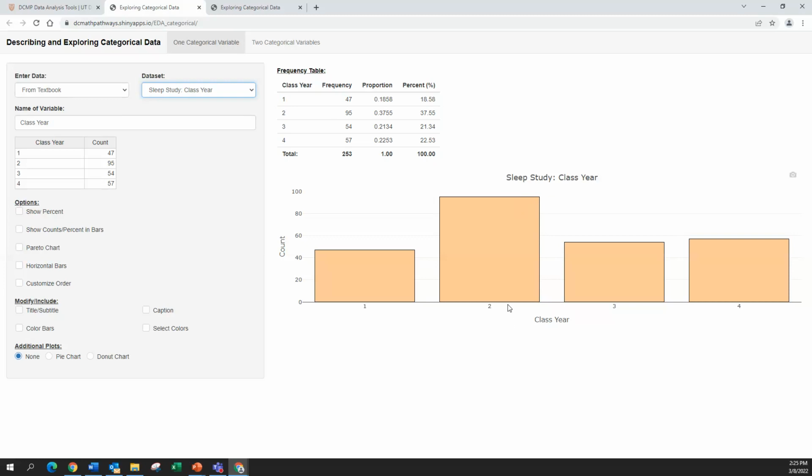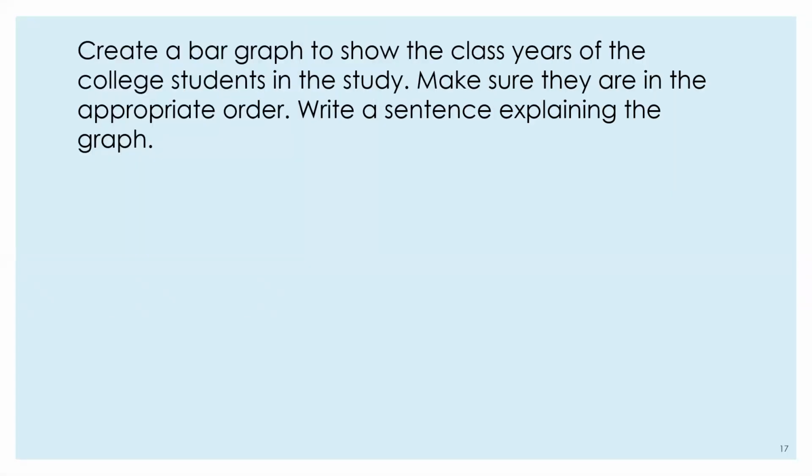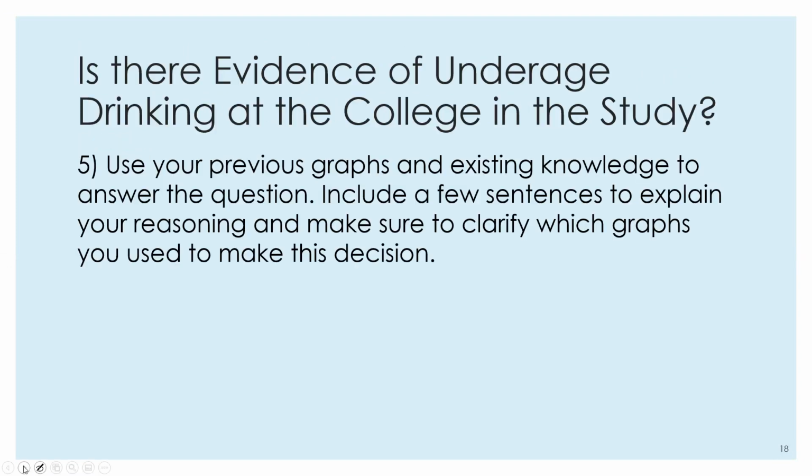So more sophomores participated than any other group would be a sentence that would describe what we're seeing. And then we are asked, is there evidence of underage drinking at the college in this study? Use your previous grasp and existing knowledge to answer this question. Write a few sentences to explain.